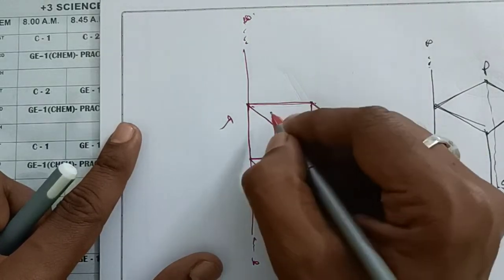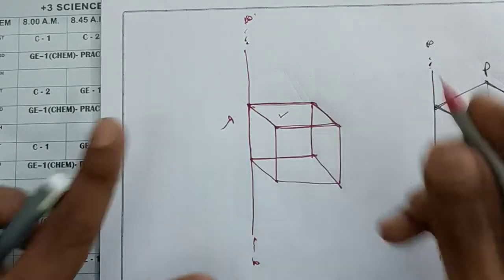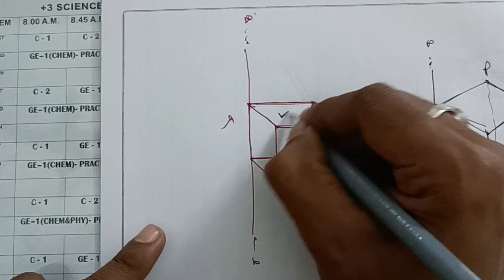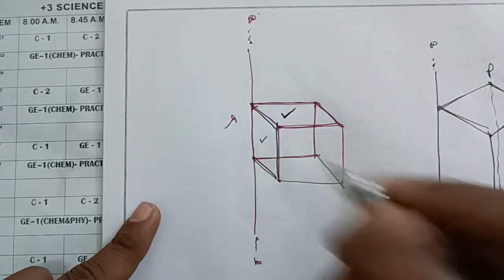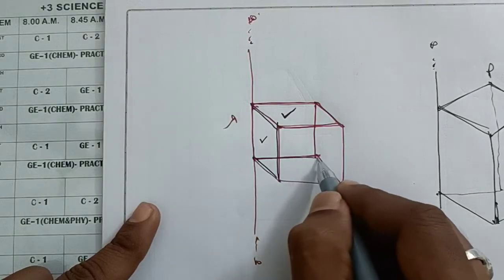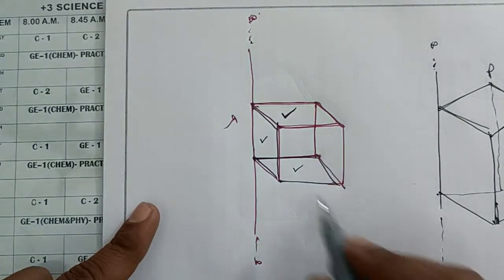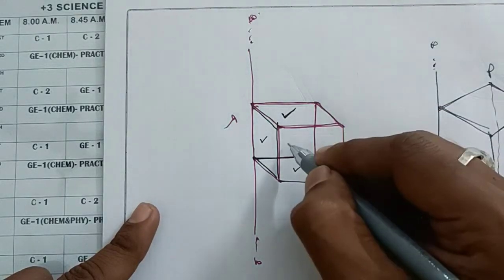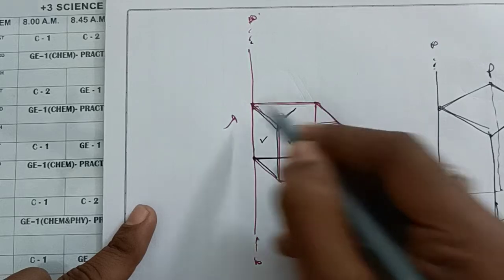If you observe carefully, this face is touching. I am giving a tick mark to the touching faces. This is a touching face. This face is touching. This face is also touching, because here it touches, and there is a back side, another one is there, touching. This is one face, it is touching.